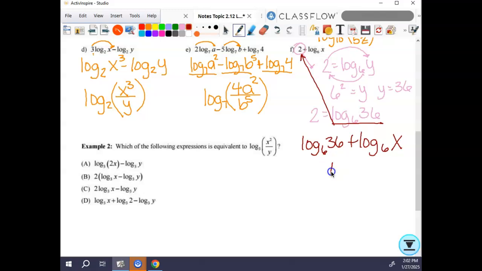I can condense them and I get log base 6 of what? 36x, exactly. Okay, everybody good with that? Any questions? All righty. Then I'm going to give you a minute and I want you to work example 2.